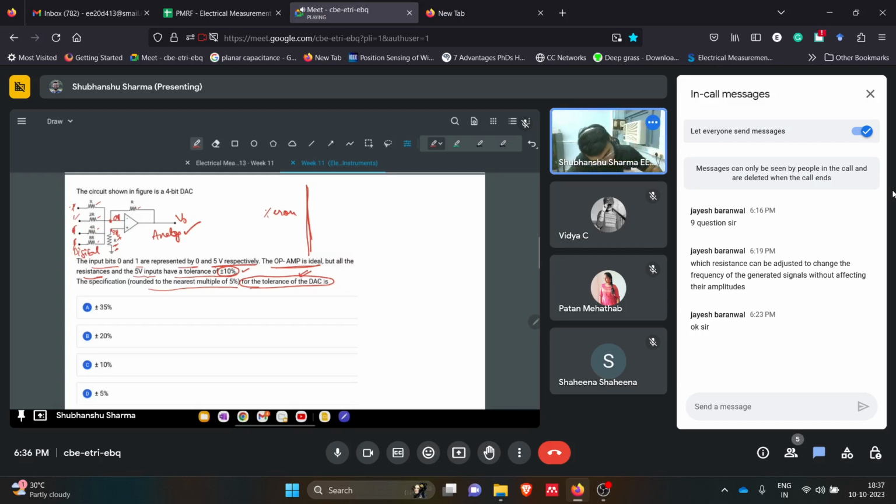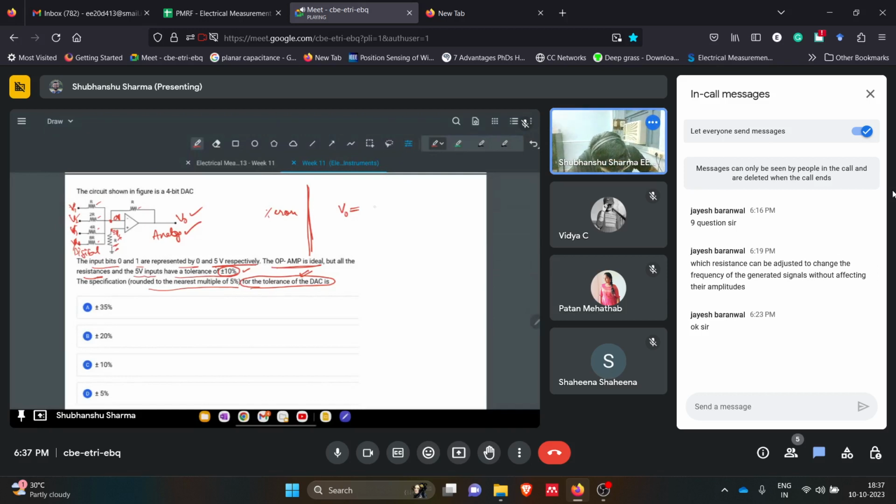Now we have to find the output of this op amp. So what will be the output? Let's say this is V1, V2, V3, V4. That V1, V2, V3, V4 will be either 0 or 5 volts, that means 0 or 1 bits.